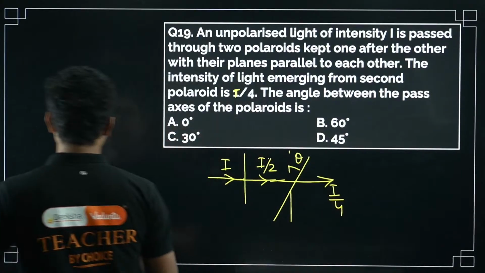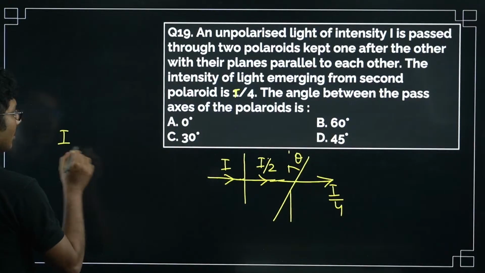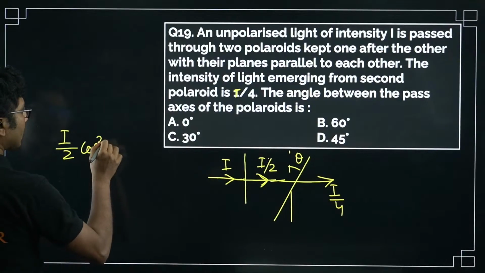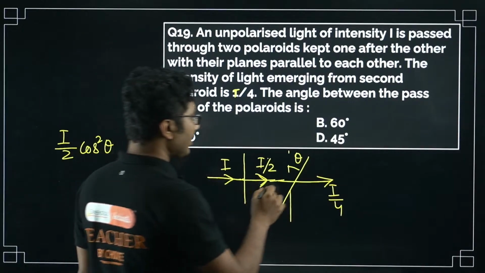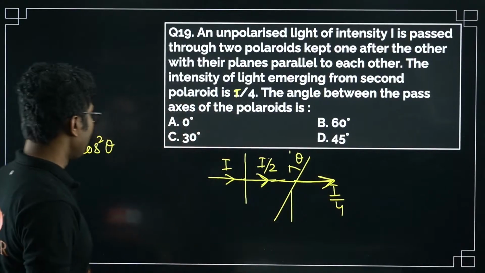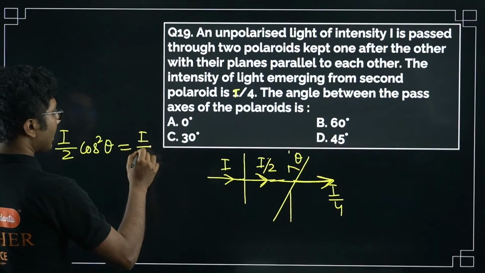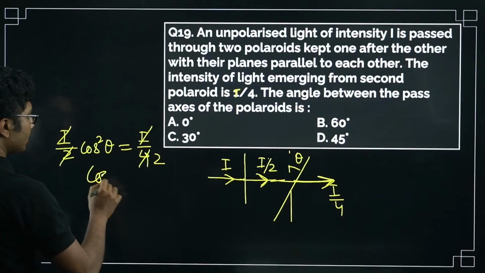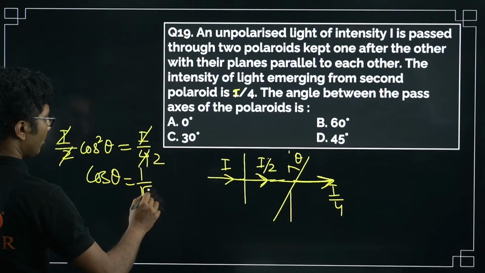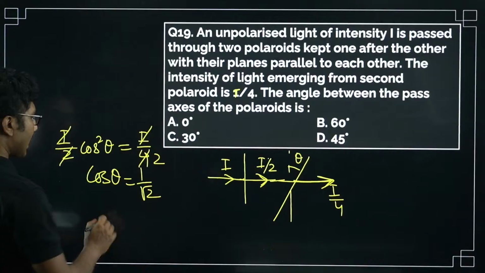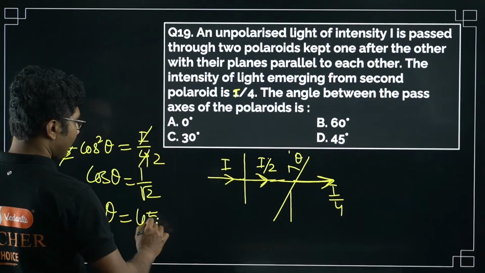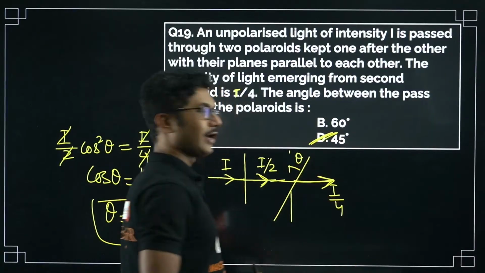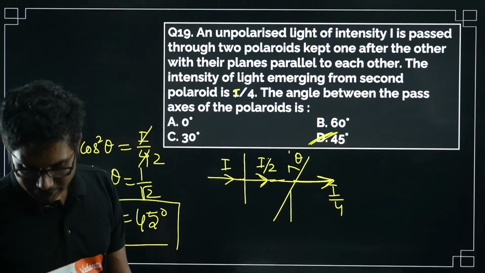From Malus law, we know that the output intensity is the intensity going in into cos square theta, and that is given as I by 4. So I cancels, and you get cos theta equals 1 by root 2, that is theta equals 45 degrees. So the angle between the Polaroids is 45 degrees. Option D.